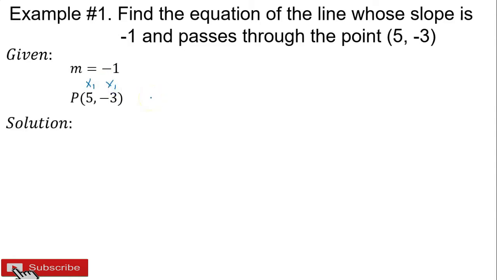So, para makuha natin yung equation ng line, gagamitin natin yung formula: y minus y sub 1 is equal to m times the quantity x minus x sub 1. So, ang gagawin lang natin dyan is i-substitute lang natin yung mga given: yung value ng m, yung value ng y sub 1, at saka x sub 1.